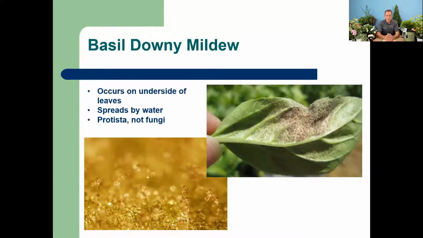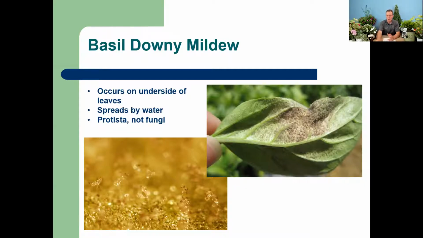Again, sweet basil, right? Everybody, including me, I don't know how I can really live without basil. Several years ago, we started seeing this downy mildew attacking our basil. When it first showed up, I was sitting here saying, oh, that's not a big problem, because downy mildew is spread by water in cool, wet conditions.